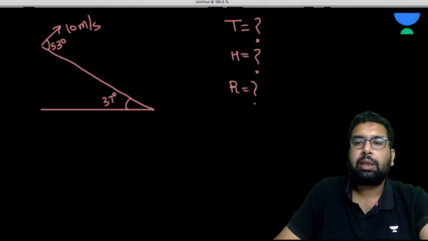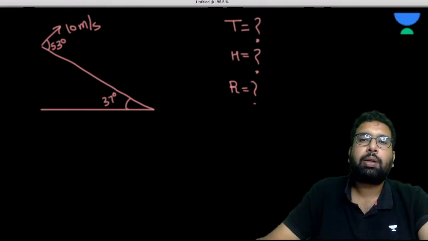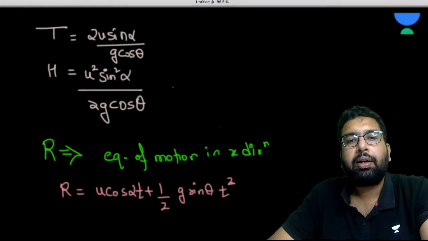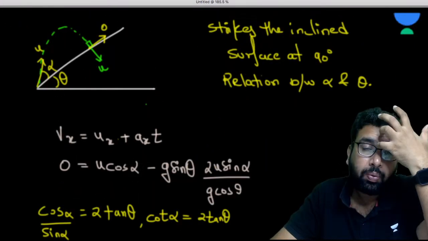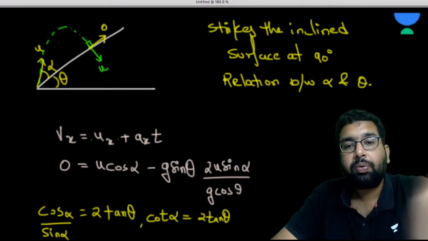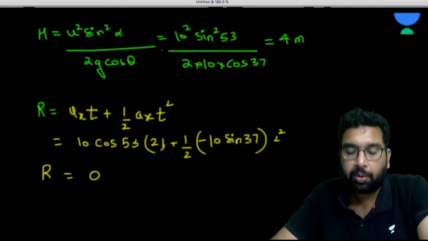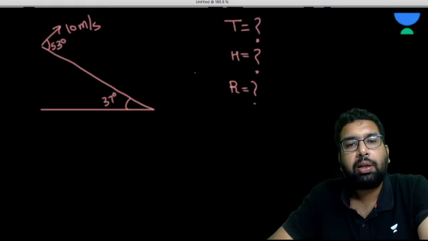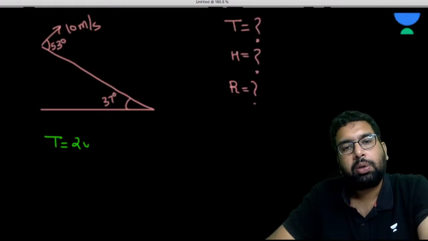So see, obviously, sir, we are going to get the same T and H that we have got in the last question, isn't it? Because we use the same formula, and the values are the same. So T is going to be 2u sine alpha upon g cos theta.